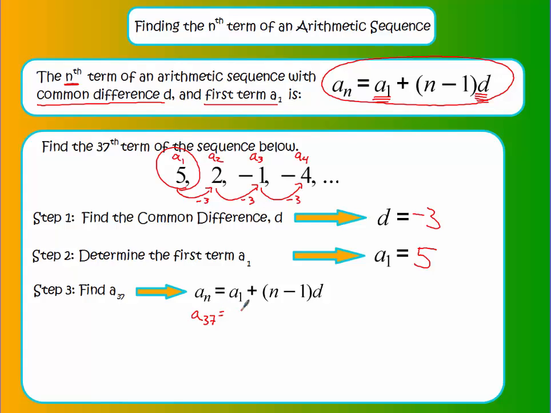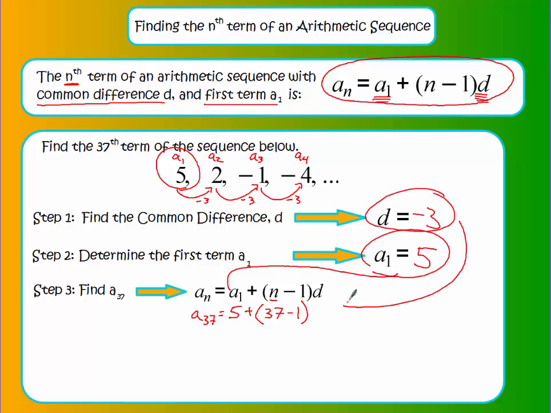That's going to equal a sub 1, which was 5, plus, what's n? n is right here, which is 37. So plus 37 minus 1, and d is right here, a negative 3.